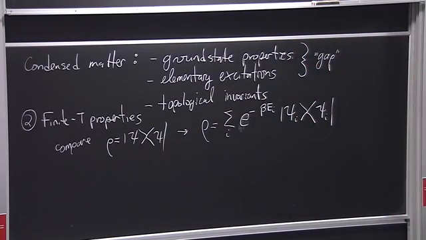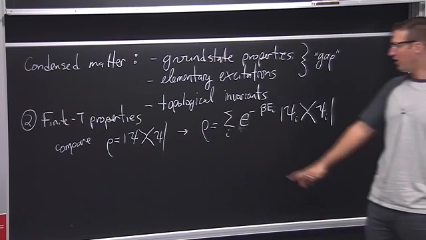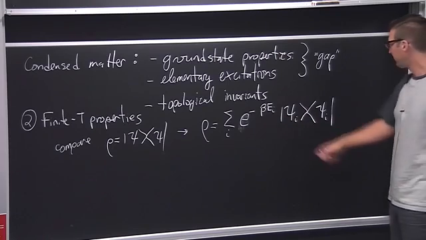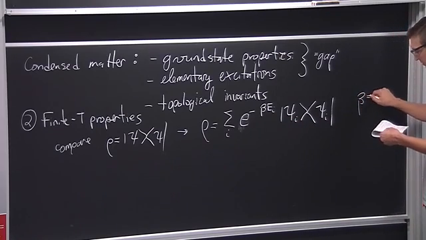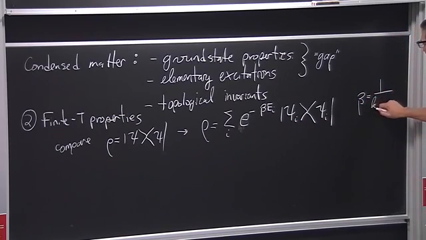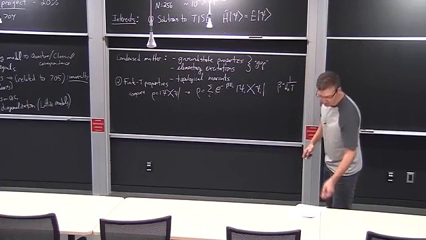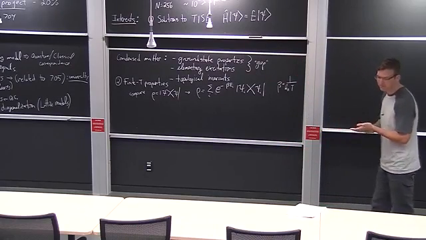I've just chosen some basis, summed over all elements of that basis, and defined beta as an inverse temperature. The Boltzmann constant is some way of relating temperatures to an energy scale, essentially. We'll just set it to 1 all the time.